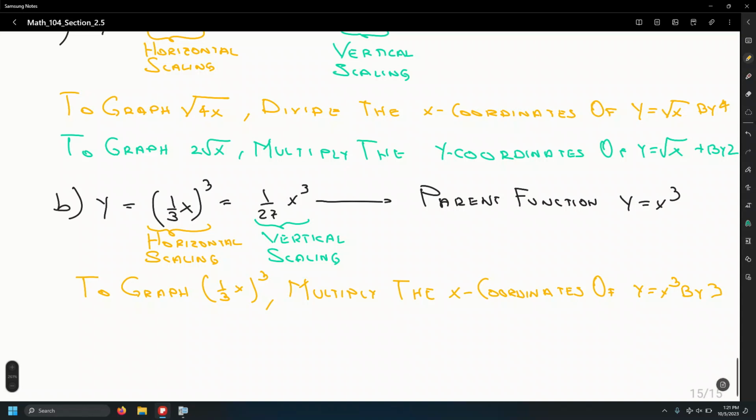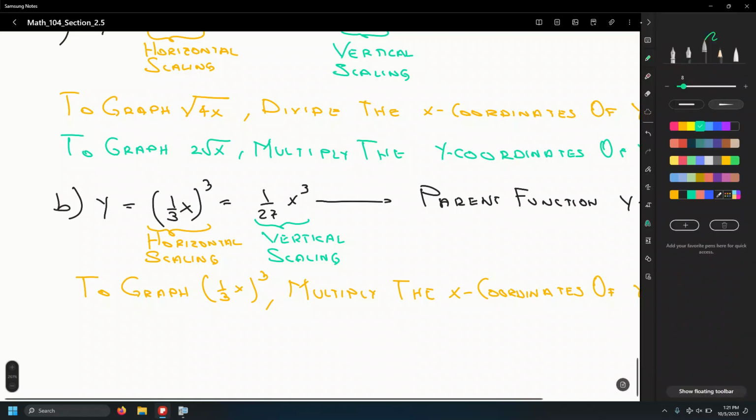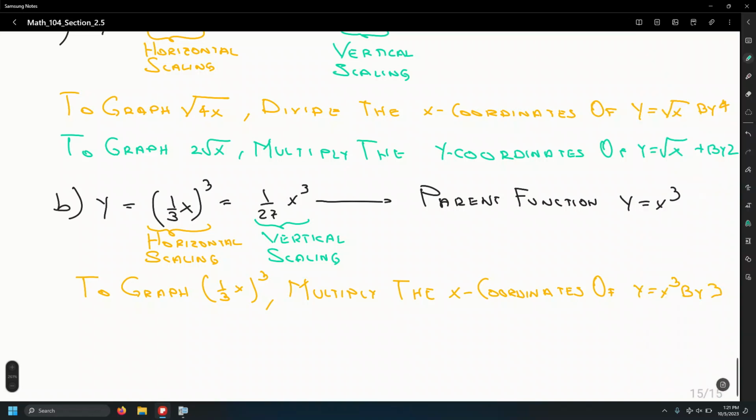However, on the other hand, to graph 1 over 27 x cubed, divide the y coordinates by 27.